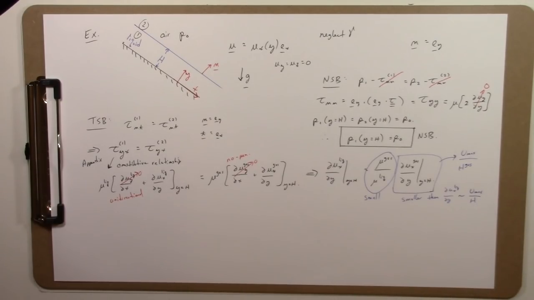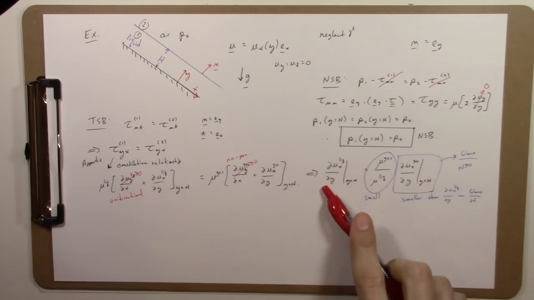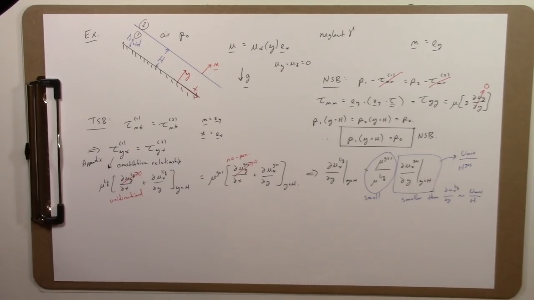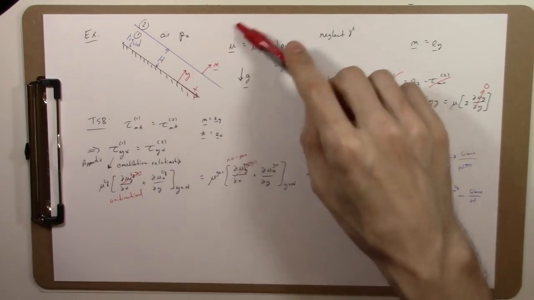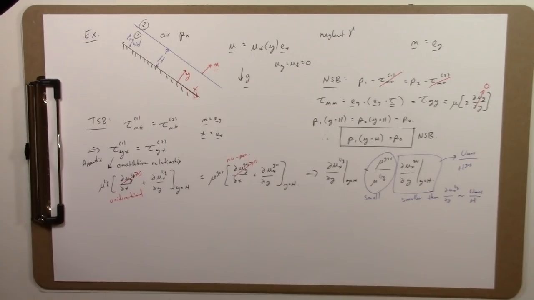And so we take that ratio, we find that the velocity gradient dux dy in the gas is very small compared to dux dy in the liquid, because the extent of the gas is very large compared to that in the liquid.